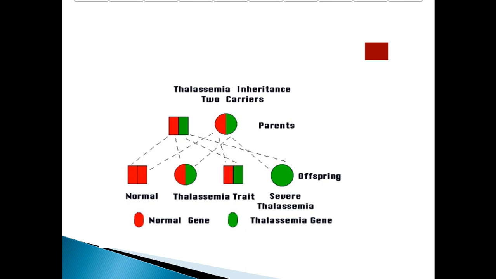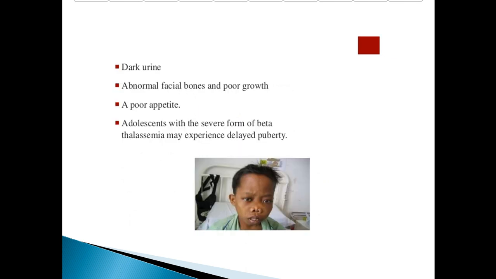It is the thalassemic inheritance pattern, as it is autosomal recessive, so one offspring is affected and the two are thalassemic trait or the carriers.